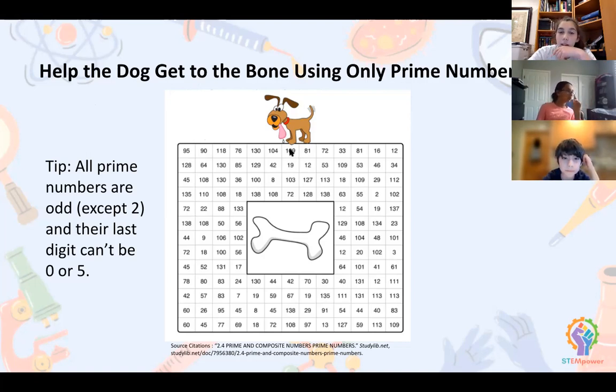Wait, and yeah, exactly like what Cal said. Wait, are you allowed to skip numbers? No. But then 19 did not prime number. It is actually. But 19 is a factor of 9 and 2.